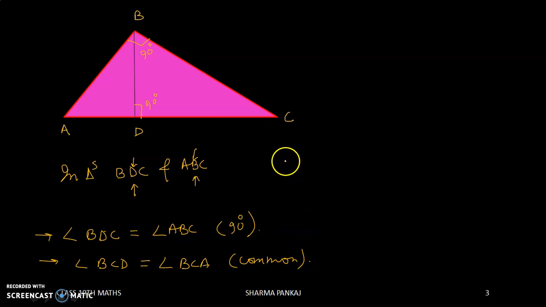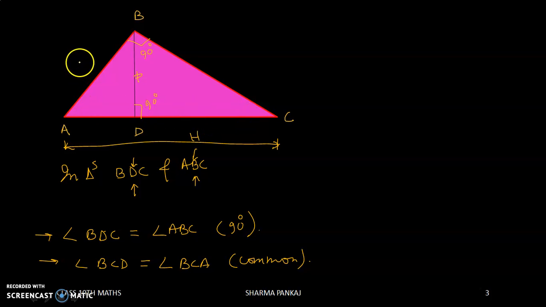See this is your bigger hypotenuse of the triangle ABC, call it capital H. This is your perpendicular drawn for this smaller triangle.